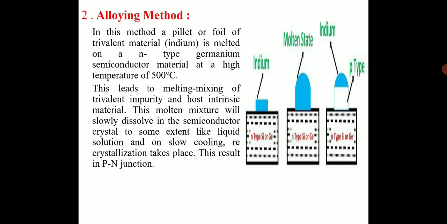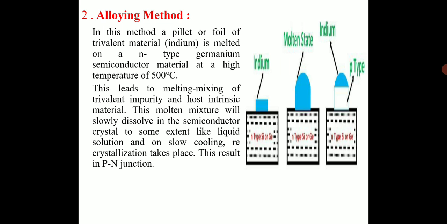This leads to the melting and mixing of the trivalent impurity and the host intrinsic material. A high temperature is applied, and the indium will melt on that n-type germanium. This leads to mixing of the trivalent impurity, indium, and the host n-type material, that is the intrinsic material.